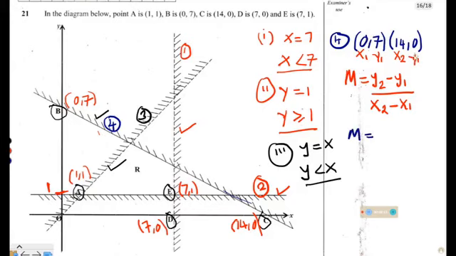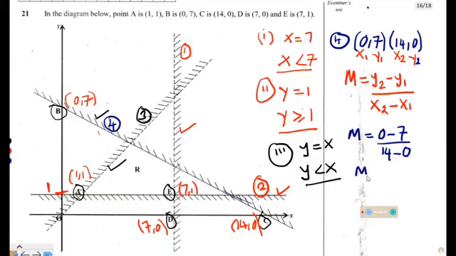Our y2 is 0, our y1 is 7, over our x2 it's 14, then our x1 it's 0.